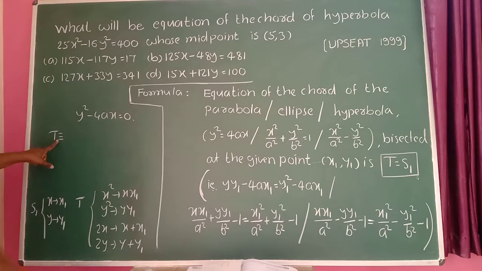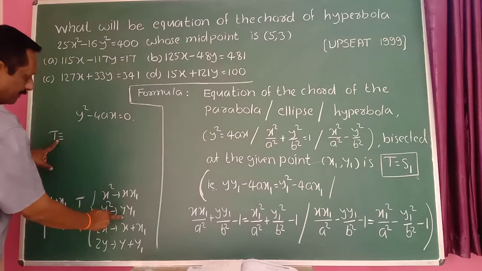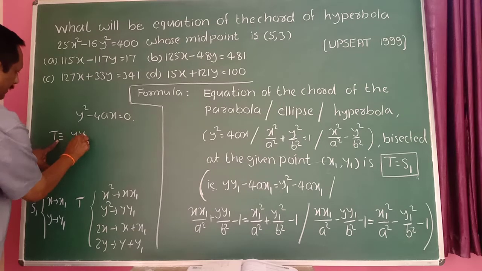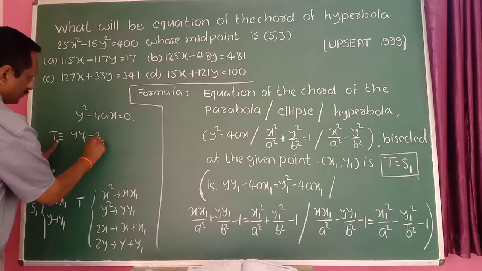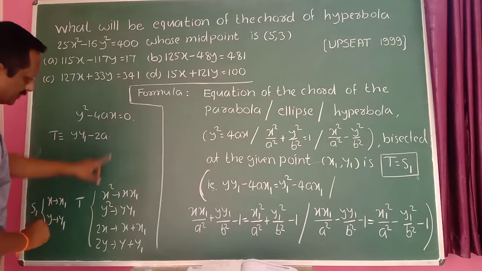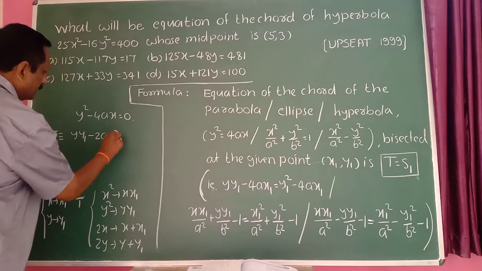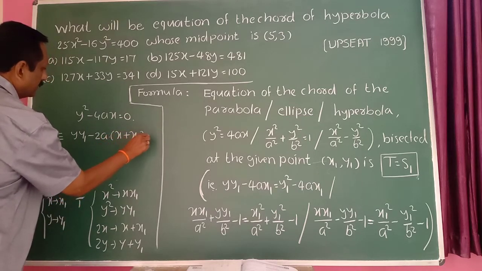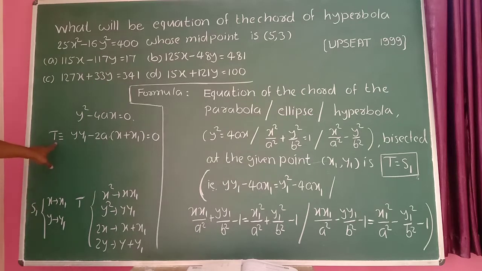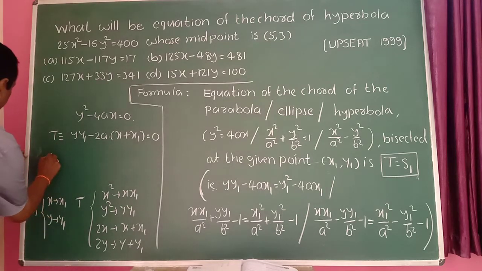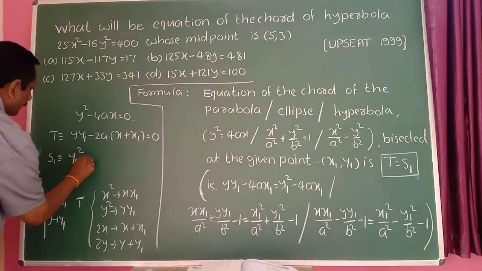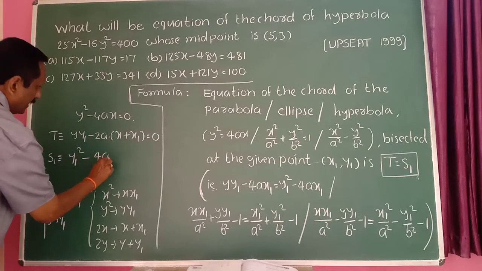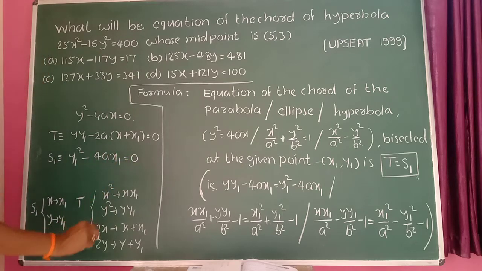Therefore T gives: replace y² by yy1, minus 4ax, so take 2a only, and into the remaining 2x, replace 2x by x + x1. So yy1 − 2a(x + x1) = 0. This is T. And S1 is given by replacing x by x1 and y by y1, so y1² − 4ax1 = 0.